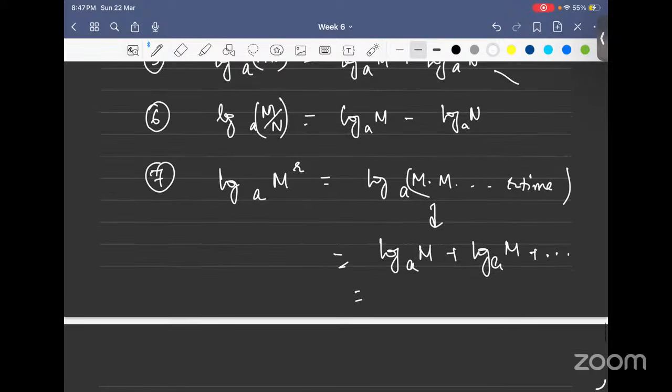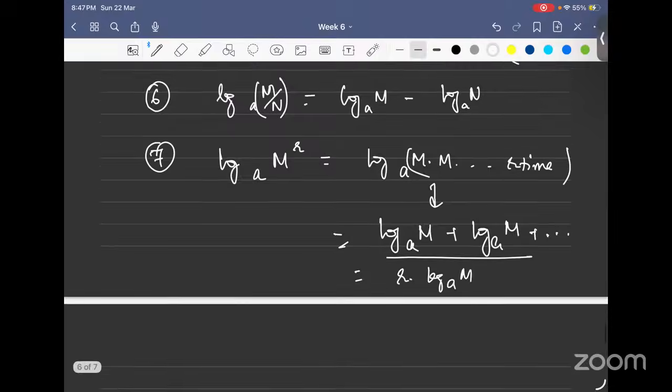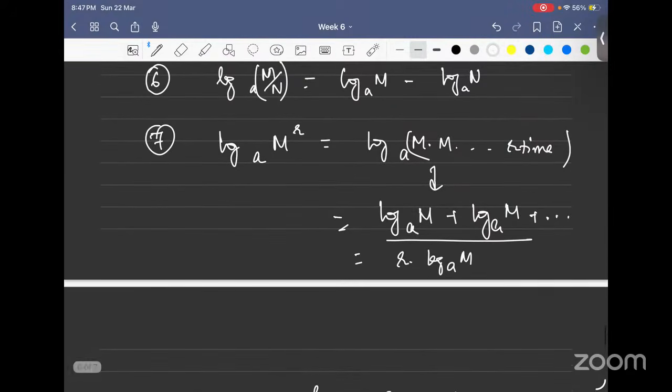So you're adding r times, and you'll have r times log of m base a. This property also you can remember. So the r comes out here: r times log of m base a. Is this clear to everyone? All the properties are clear, right?